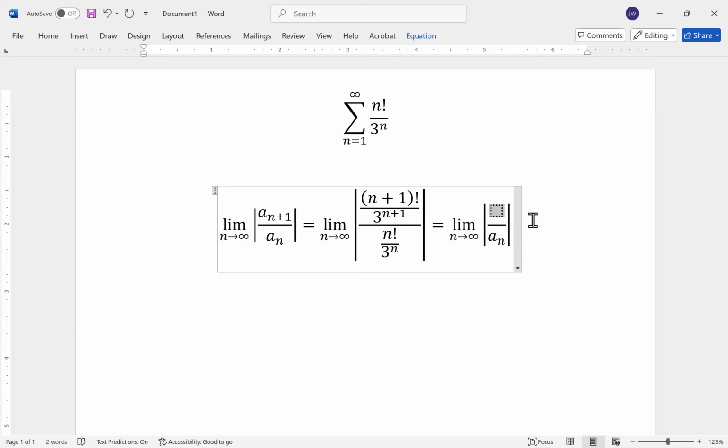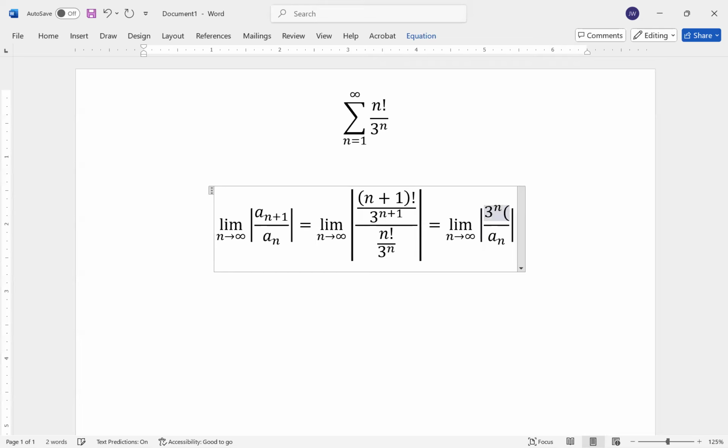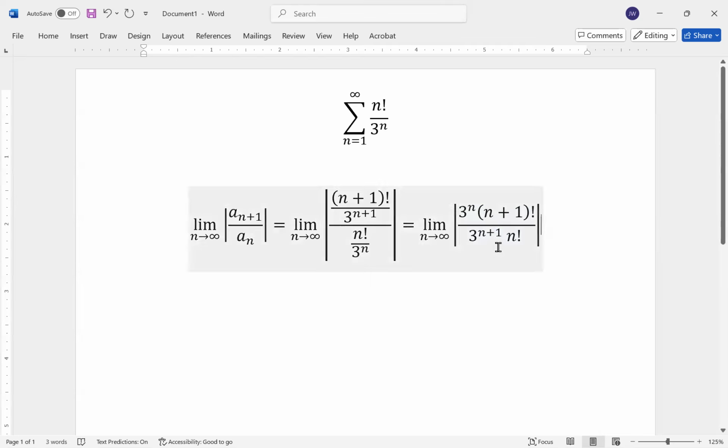If I do that, I'm going to get 3 to the nth power multiplied times n plus 1 factorial on top. And on bottom, I'm going to get 3 to the n plus 1 power multiplied times n factorial. Again, that's my bottom. Now, a couple of things. 3 to the n plus 1. Let me actually copy this.